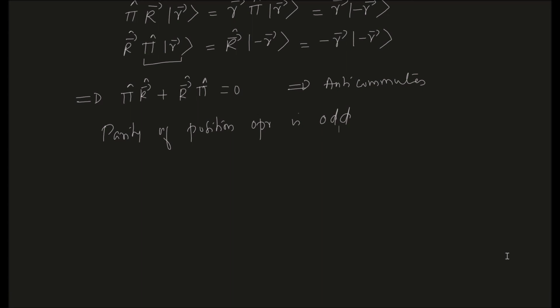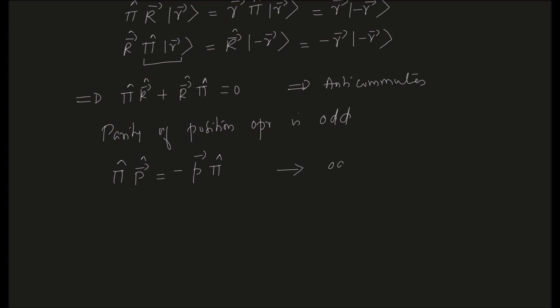Similarly, for the momentum operator P, you can show that the parity acting on the momentum operator P is the same as minus the momentum eigenvalue times the parity operator.